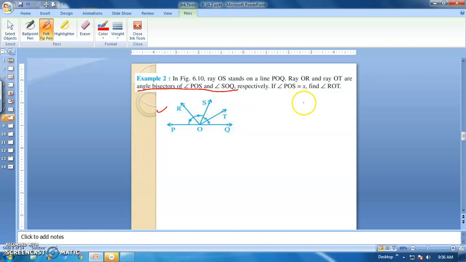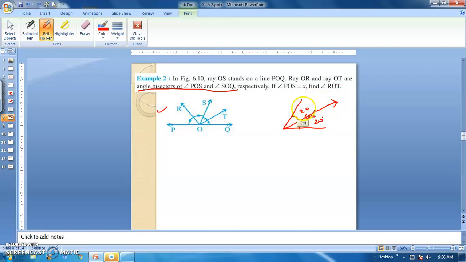What does angle bisector mean? Suppose an angle is 40 degrees, and its angle bisector gives 20 degrees and 20 degrees. A ray which divides an angle into two equal angles is called the angle bisector.